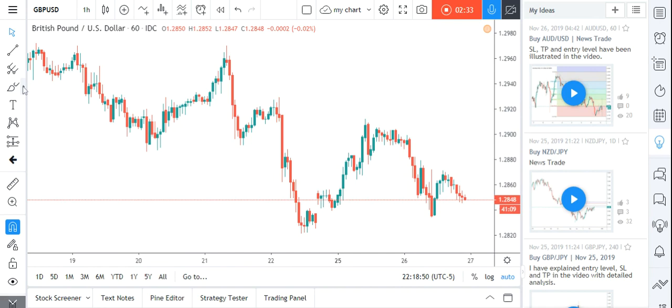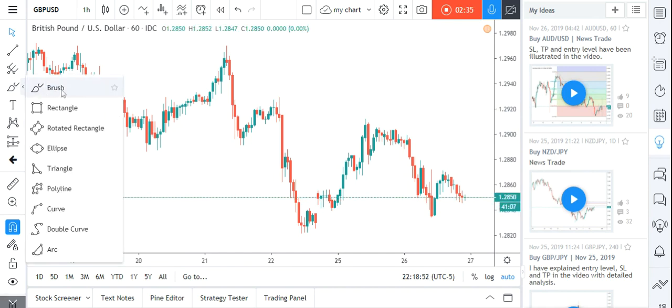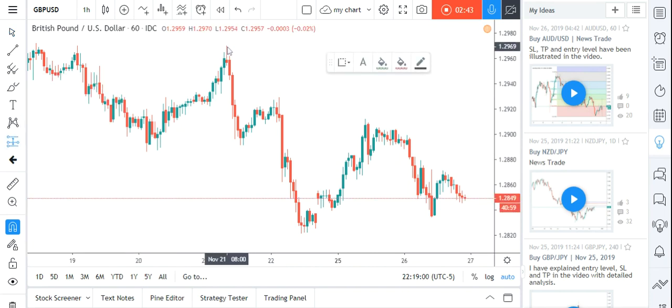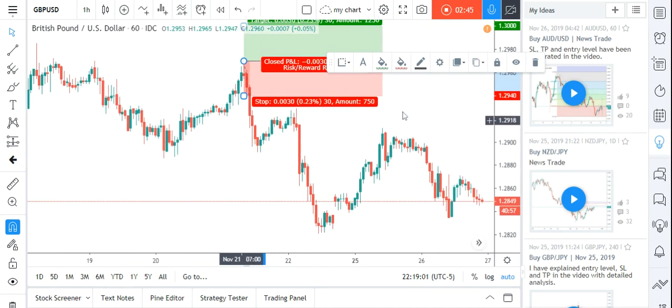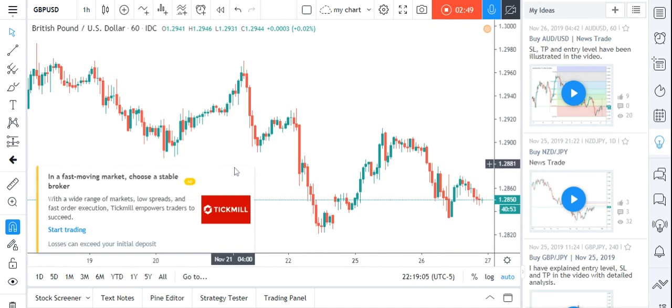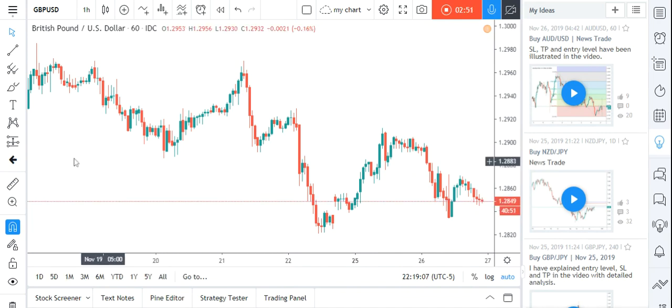So this is a possible butterfly, which now I'm going to draw here. I'll take this triangle shape here. First of all, let's determine the target of the butterfly by plotting Fibonacci here. So here I go. Sorry, I plotted the wrong tool. I'm new to this platform, so I keep making mistakes, but don't worry, I will learn soon.